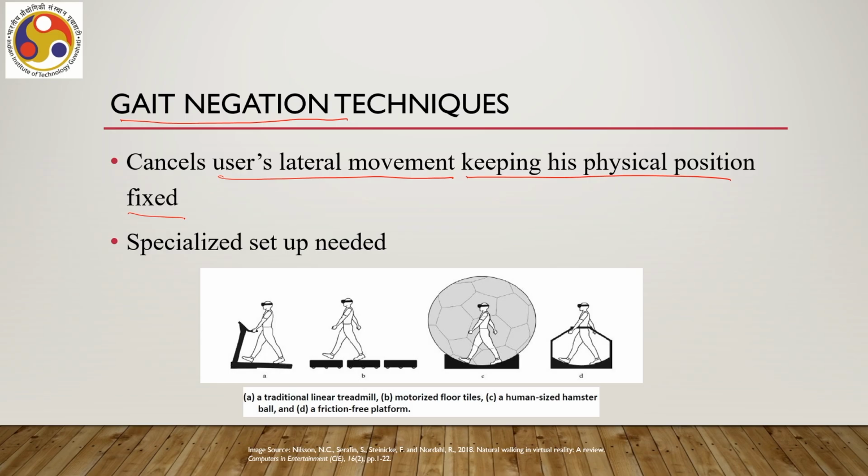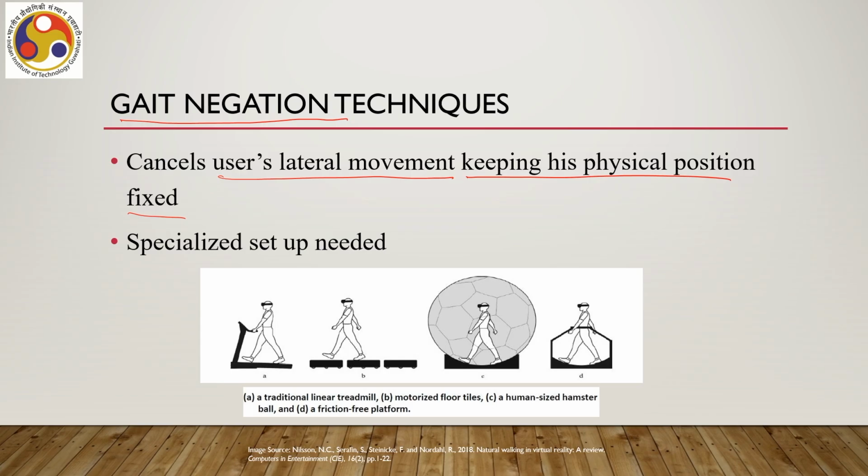So, although the user may be moving in multiple directions, the lateral movements in that movement pattern get negated, get cancelled because of the specialized setup used, and the system maps that movement to a specific type of virtual movement.